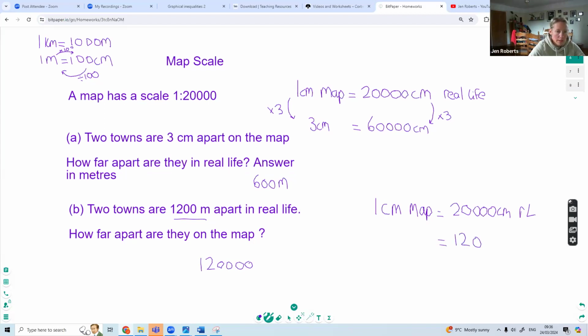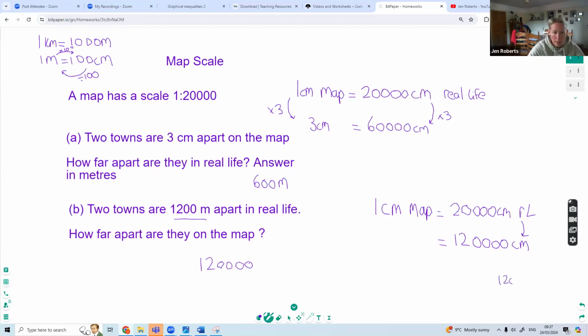So this time we know the real life distance, so I'm going to put this information in. What do we times this by to get this? To work that out, we do 120,000 divided by 20,000.